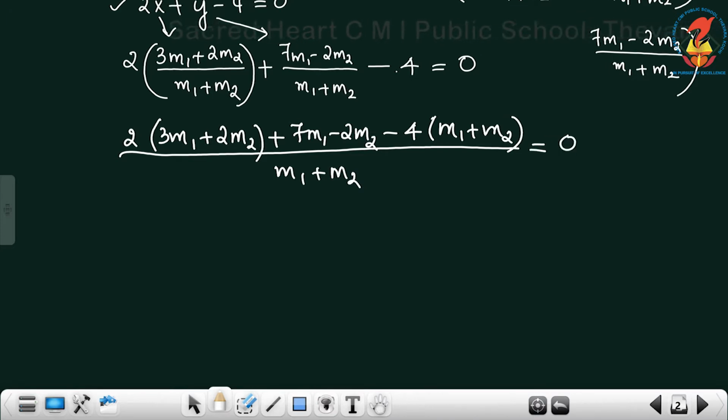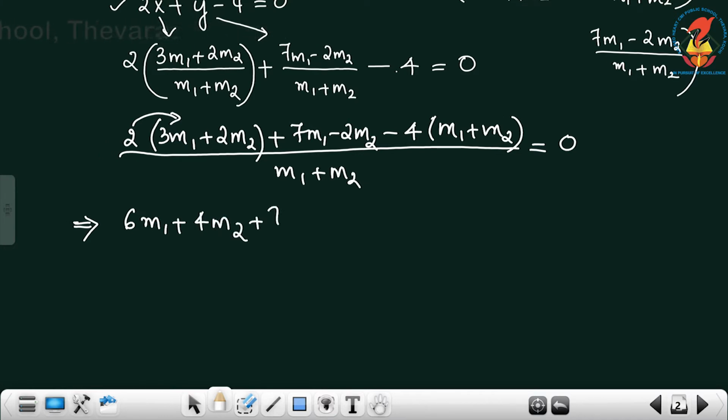So when I cross multiply, the denominator is removed from there. So next step will be using the distributive property, open 6m1 plus 4m2 plus 7m1 minus 2m2 minus 4m1 minus 4m2 equals 0.